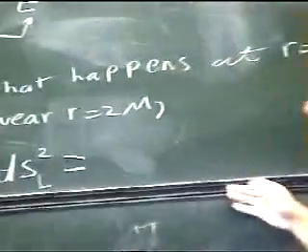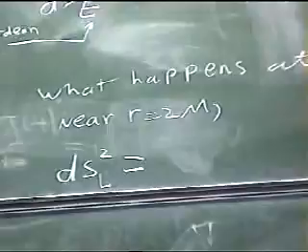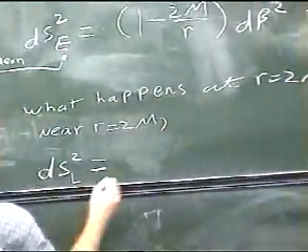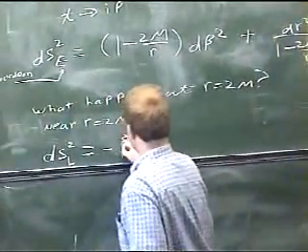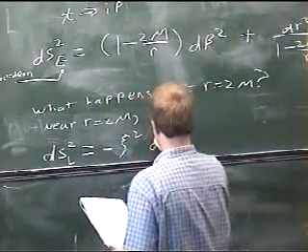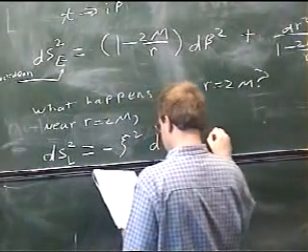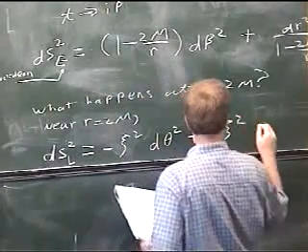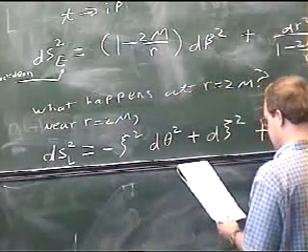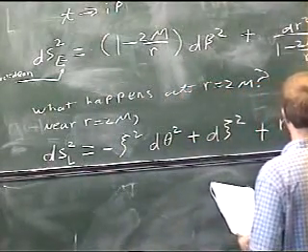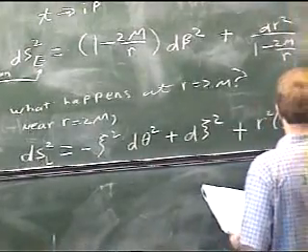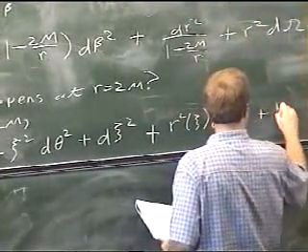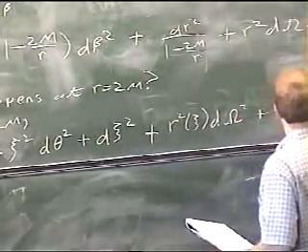We learned we could write it in a form related to the accelerated observers in flat spacetime. That form was minus, we called it c squared, d theta squared, plus d c squared, plus again r squared, which is a function of c, d omega 2, plus higher order terms.